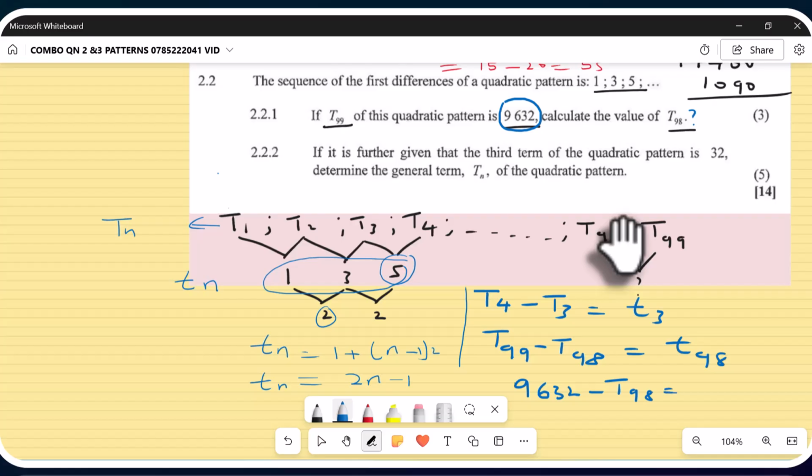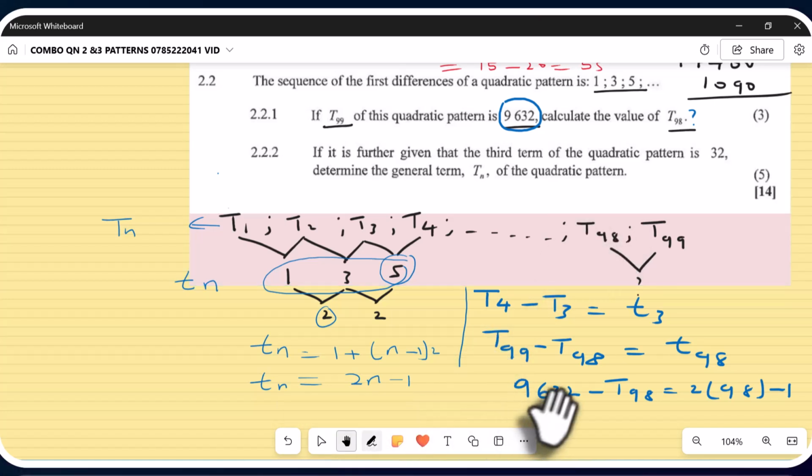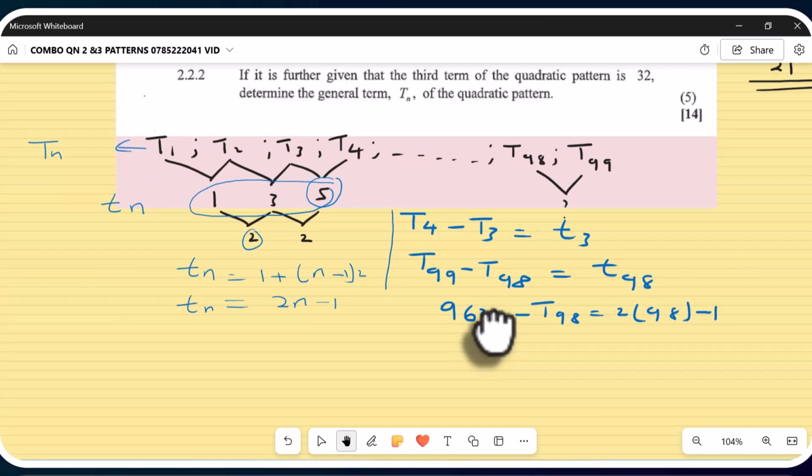So from here, if I do my calculations properly, I can see that it's going to be 9632 minus this side. Now 98 times 2 minus 1 gives me 195.